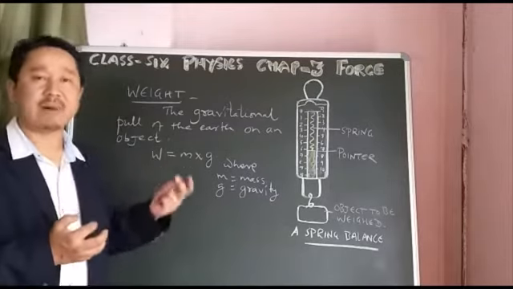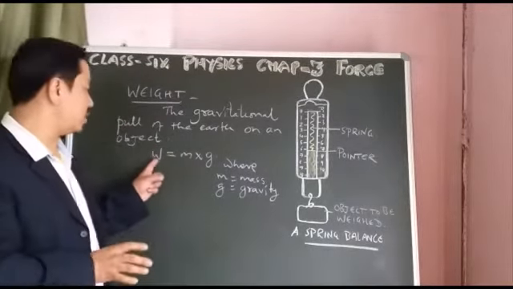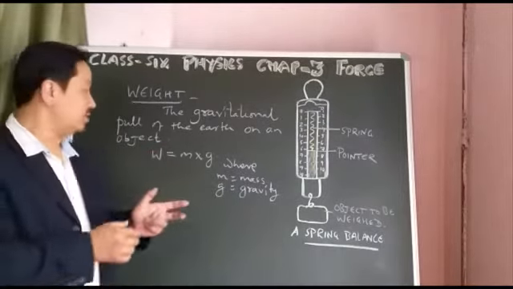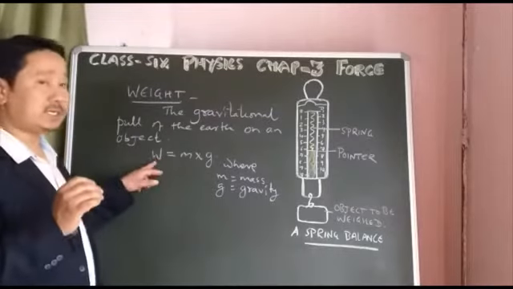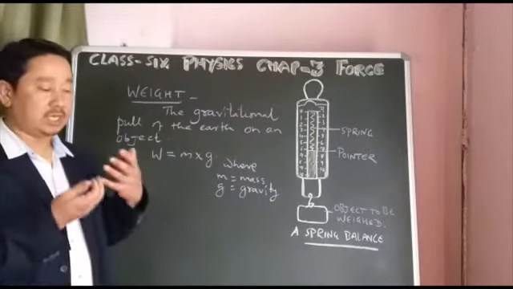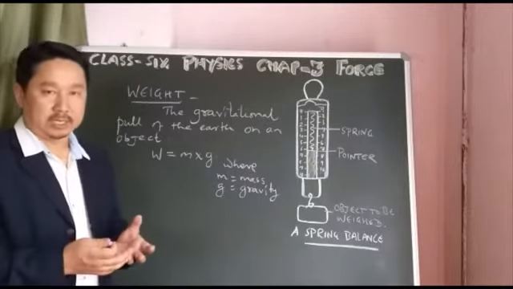So mass always remains the same everywhere, but weight differs from place to place. For example, suppose I am here on the earth.